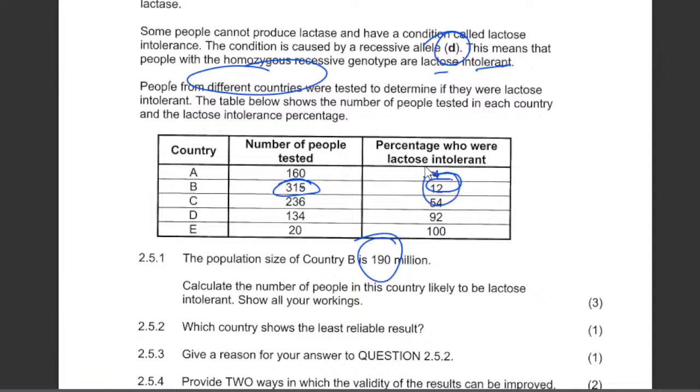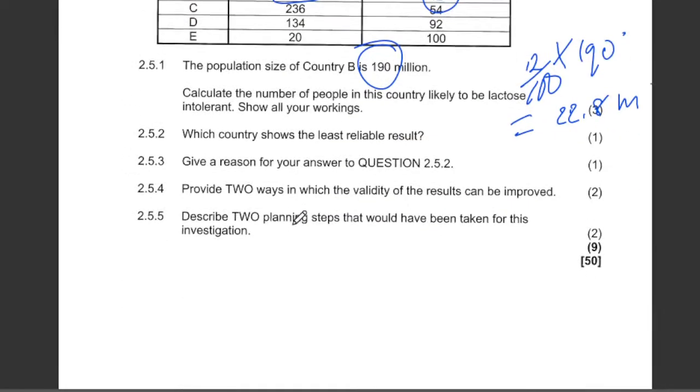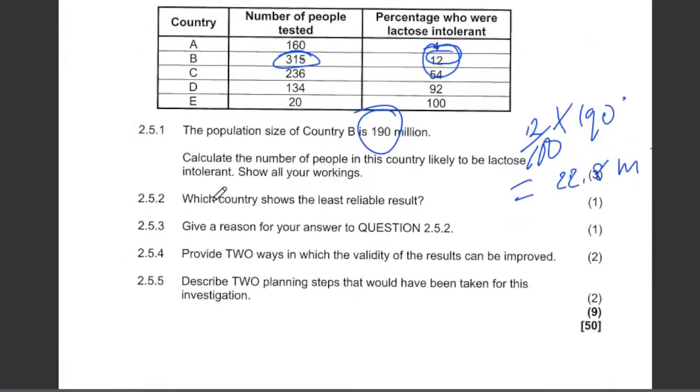Because this is the percentage, I'm going to say 12 divided by 100, that's the meaning of percentage, times the 190 million people. When you get the answer, I think it's around 22.8 million people. You can calculate and then find out the actual answer. But that's how you're supposed to do the calculation. There is another method, but let's just go with one as long as you get the correct answer.